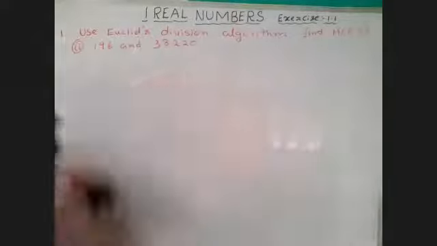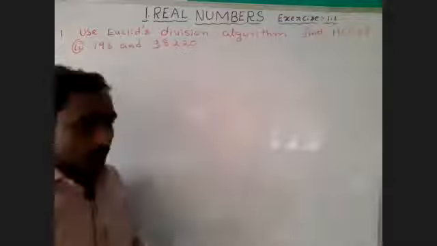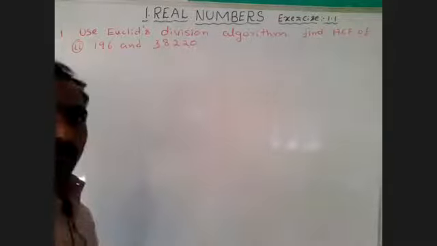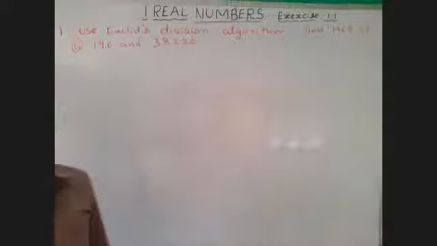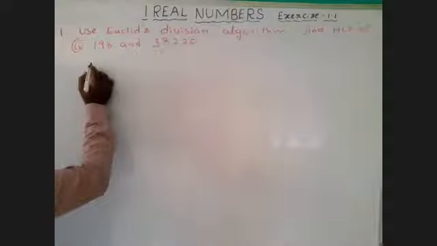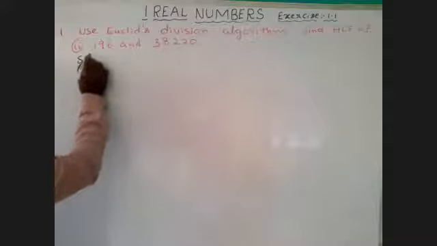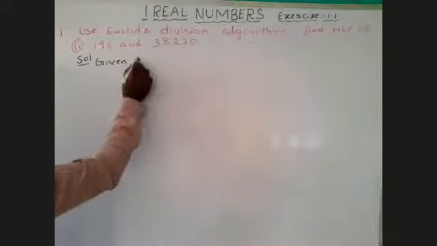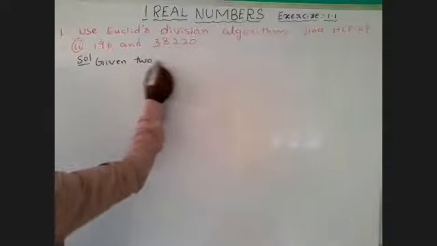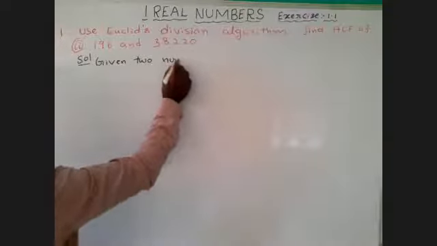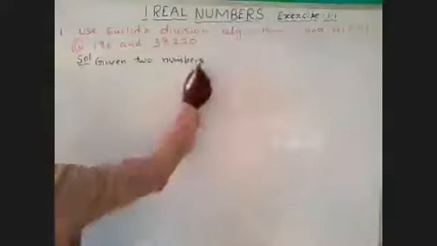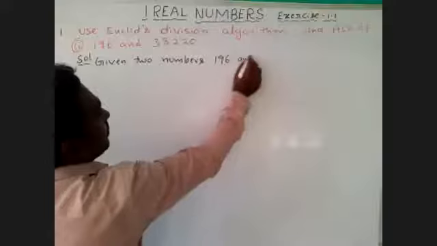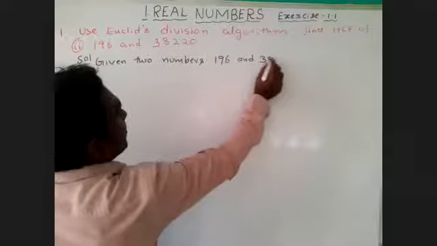Same process. This is the solution. Given two positive integers, 196 and 38,220.